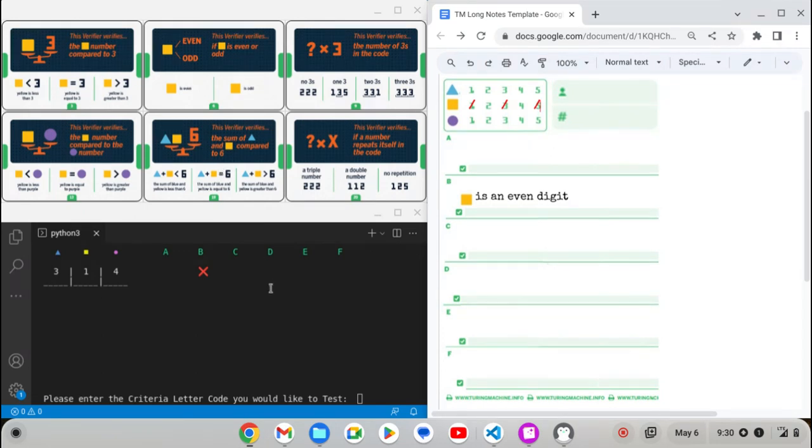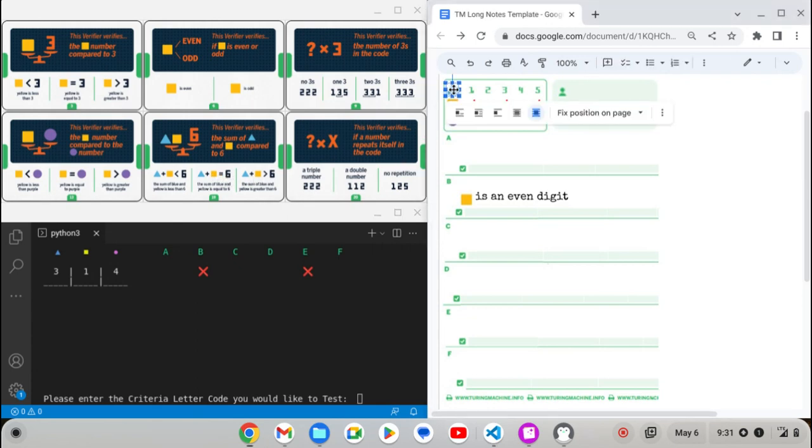So let's actually do criteria E. So let's test E out. Okay, so that is also incorrect. Notice in my proposal, my sum of the first and second digits, the triangle and square, is 4. The Turing machine said no, the sum cannot be less than 6, right? Because 4 is less than 6. So that means that the sum either has to be equal to 6 or greater than 6.